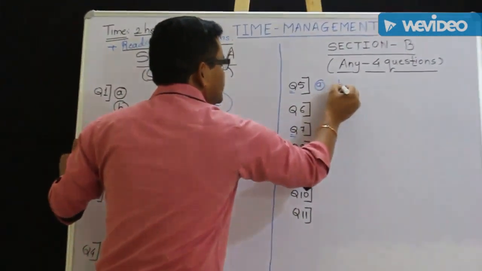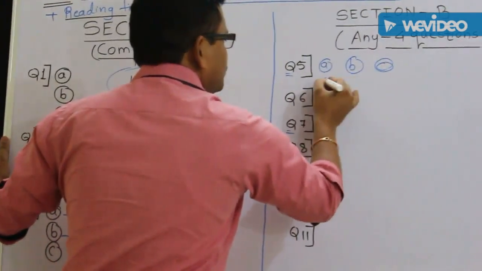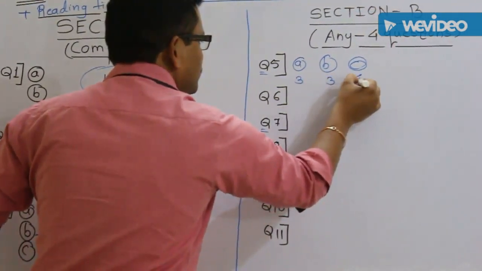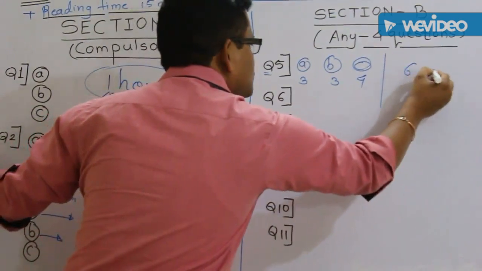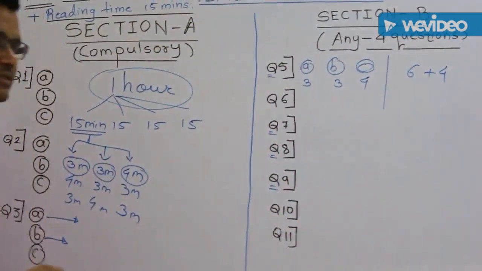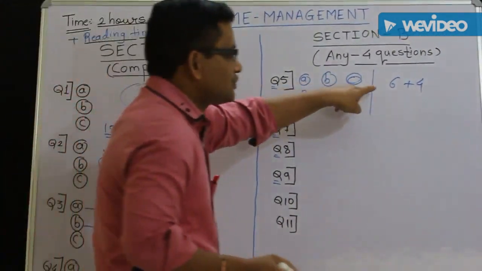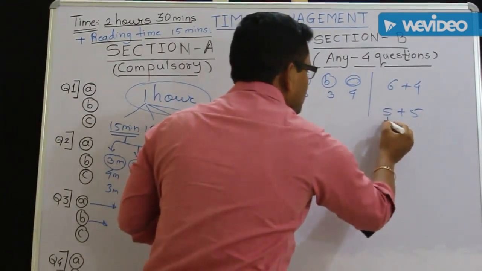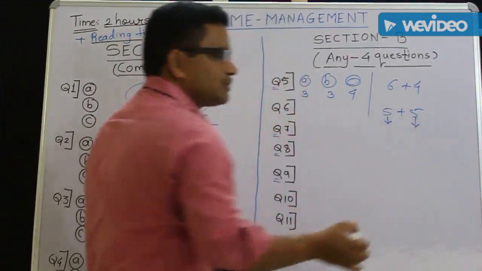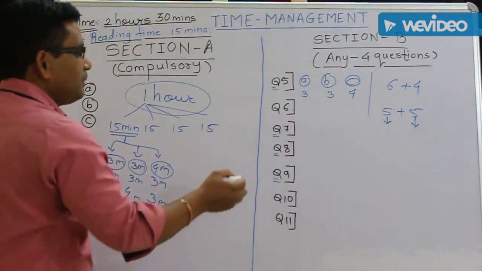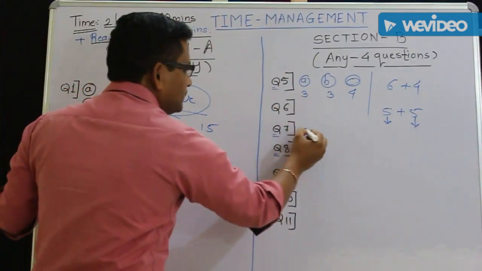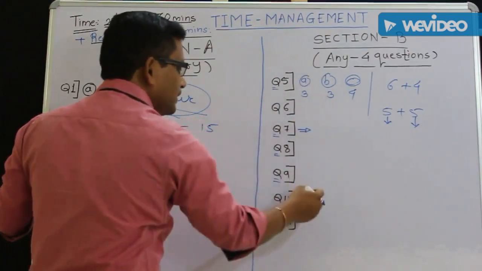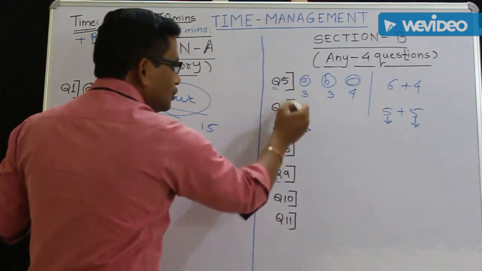This section may have the pattern 3-3-4, or it may have 6 plus 4 also. Sometimes they may ask a 6 marks question and a 4 marks question, or they may ask 5 plus 5 also, a 5 marks question as well as another 5 marks question. So the pattern may change, but we have to stick to the question number.